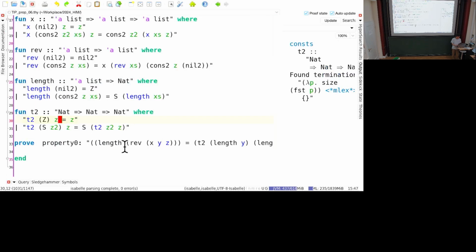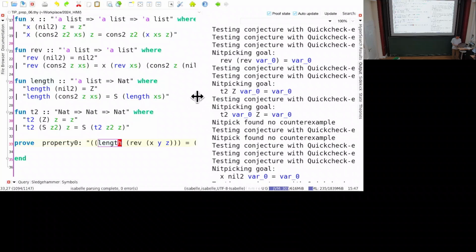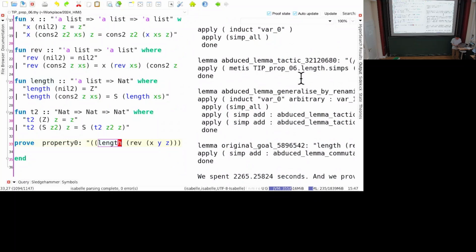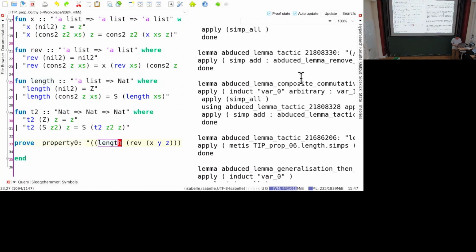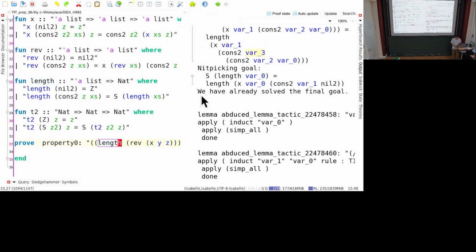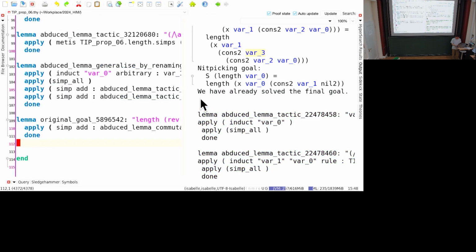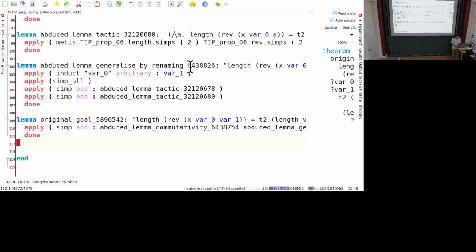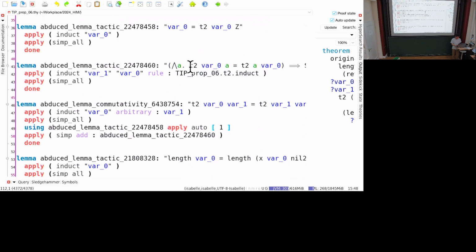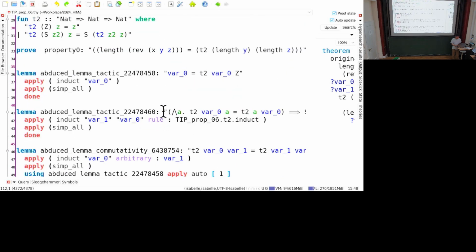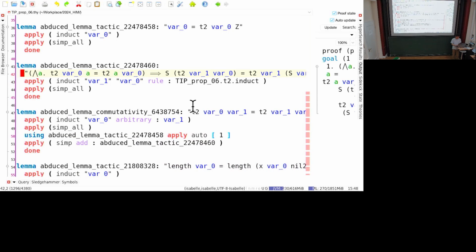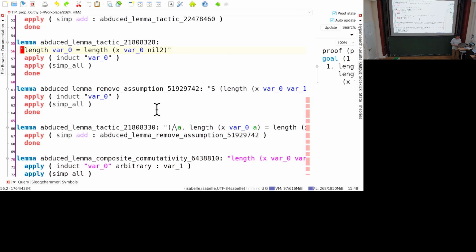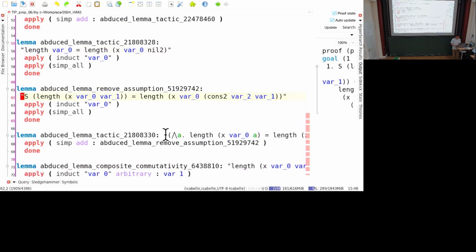Another example, so we have a proof invocation here, and if we go down deep, we find this proof script, which we can copy and paste. And it's a massive proof script, but this is actually a portion of the graph, and all the lemmas appearing in these proof scripts are used.